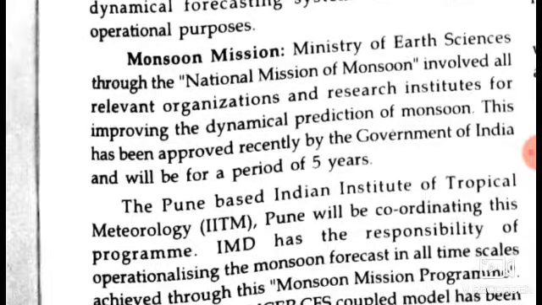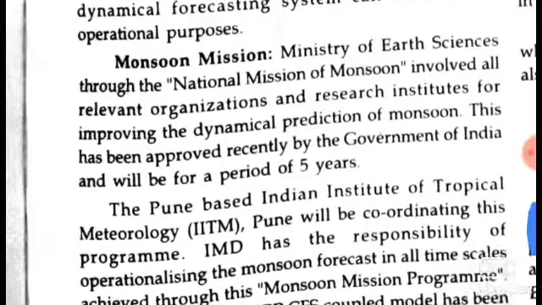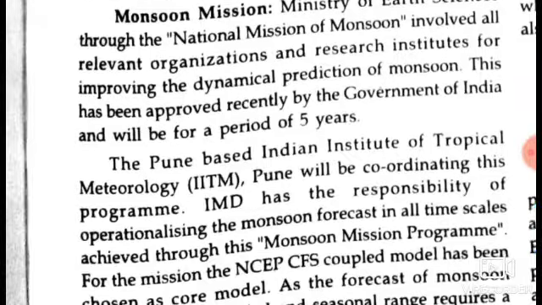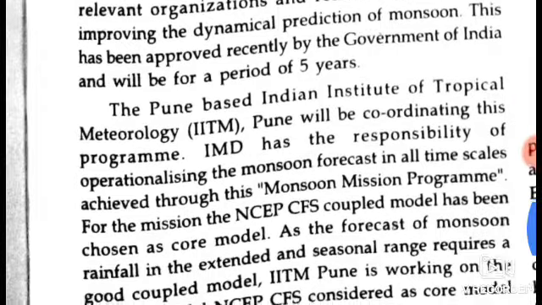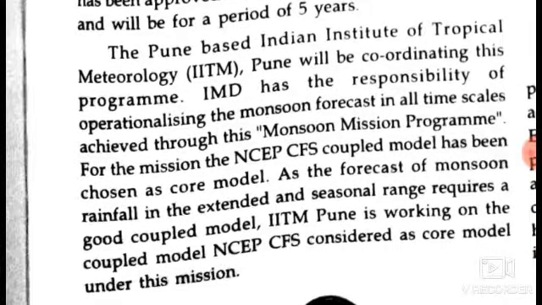Monsoon Mission. The Ministry of Earth Sciences National Monsoon Mission involves all relevant organizations and research institutes for improving the dynamical prediction of monsoon. This has been approved recently by the Government of India and will be for a period of 5 years. The Pune-based Indian Institute of Tropical Meteorology (IITM) will be coordinating this program.